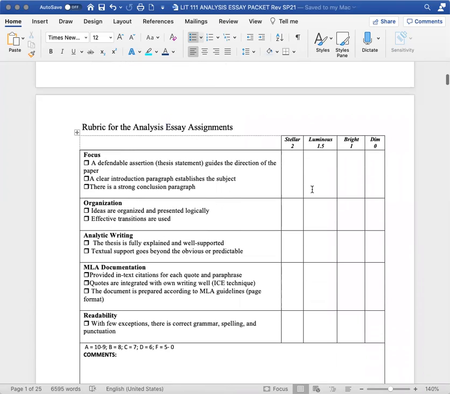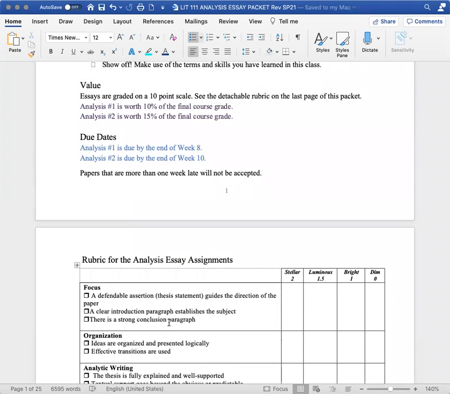This is how you'll be graded so that you understand where those points are. You will be submitting these on Brightspace. So there's an electronic version of this on Brightspace, and I'll be checking off each of the criterion to describe how you performed in each category. And then you'll also get some feedback in each section as well as embedded in the paper, just like usual.